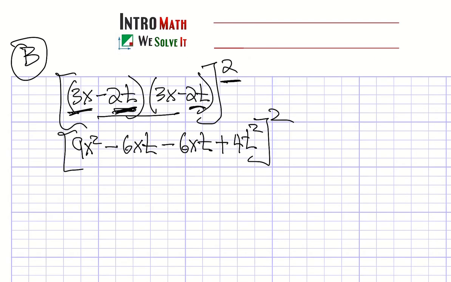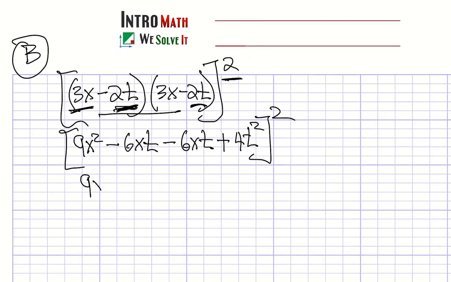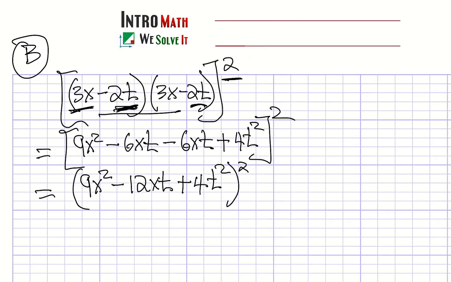So let's simplify what is inside the bracket. We have 9x raised to the power 2 negative 12xt plus 4t squared, all that stuff raised to the power 2. But you know what that means?